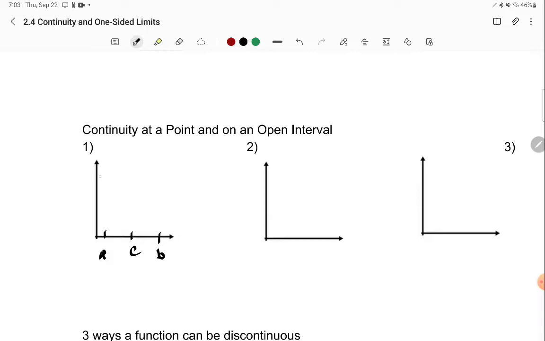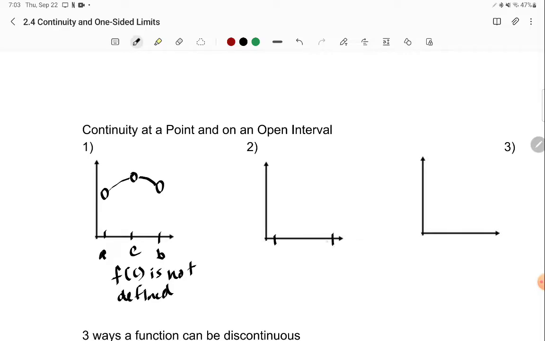So if you have a graph that goes from A to C to B, something like this, where the function at that point is not defined, you would say f of C is not defined. So this is discontinuous at that point because there's no y value, even though the limit exists.